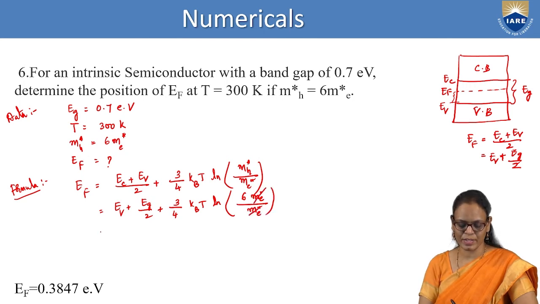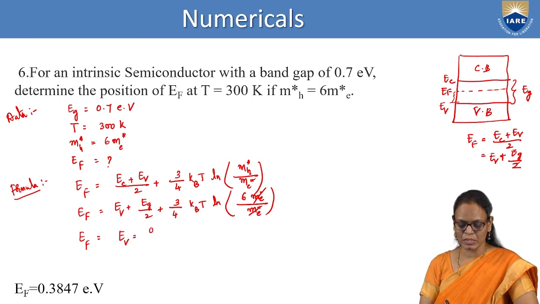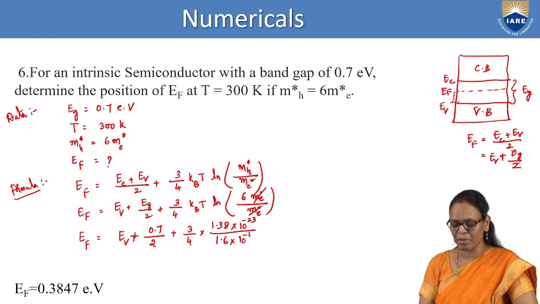So Me will get cancelled. So substitute for Eg now. EF is equal to EV plus 0.7 by 2 plus 3 by 4 kBT, which is 1.38 into 10 power minus 23 divided by 1.6 into 10 power minus 19.